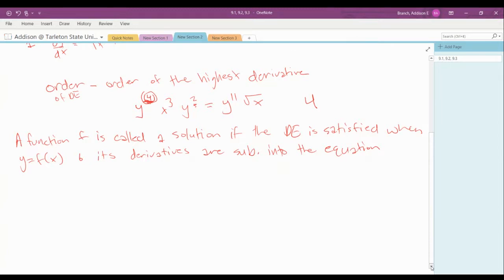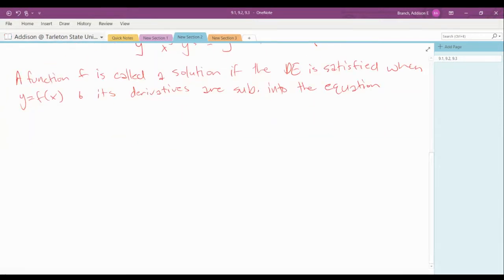Let me go ahead and actually define this real quick. When we're talking about solutions, we have two types. We have general solutions, which can also be called a family of solutions, and that essentially means that we are given some sort of function with a plus c.